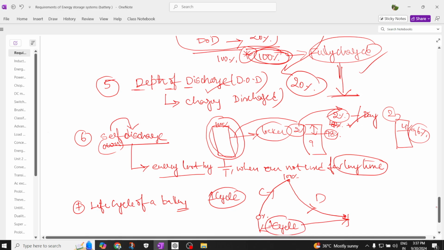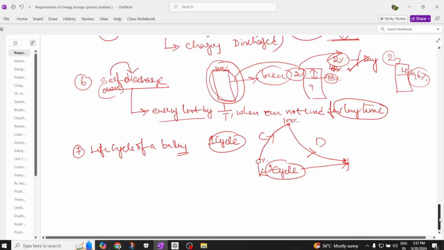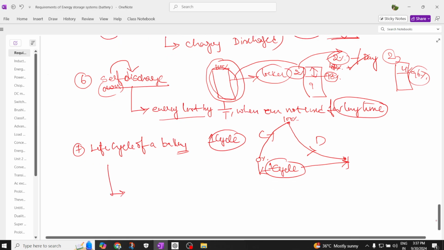So life cycle of a battery generally defines the durability of a battery. How much life it is going to have. It depends upon the number of times it has been charged and discharged.